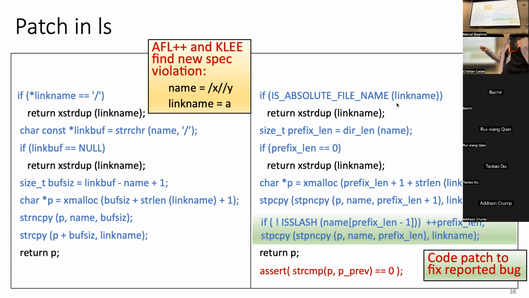In particular, if the name is something like /x//y and the nickname is A, there is a difference between the two versions. Now, looking very closely at the function, we believe there is no bug here, because the main difference is between these multiple slashes, which, if you look in the POSIX spec, it says doesn't matter if you put one slash or two slashes.